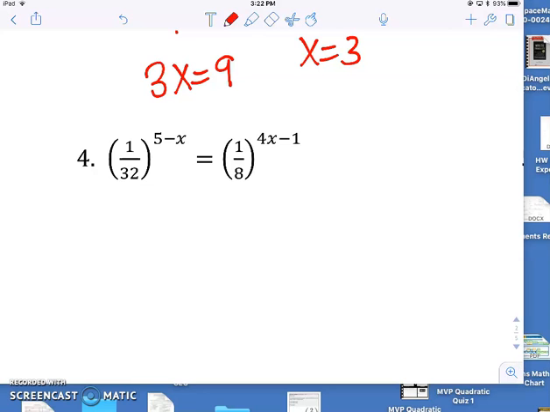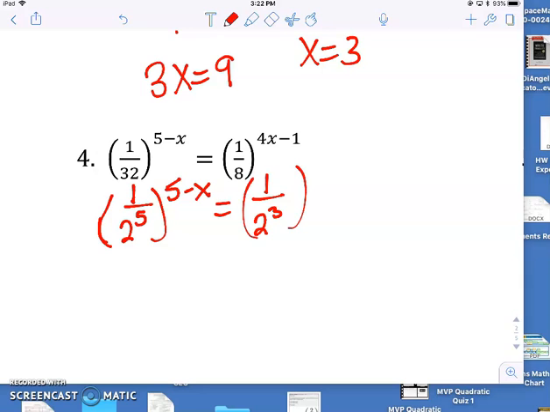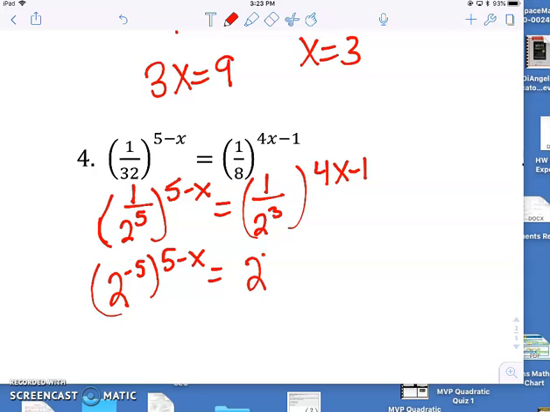So our next one here, what are these both powers of? Well, 2. So this is 2 to the 5th. To the 5 minus x equals 1/2 cubed to the 4x minus 1. So use our negative exponents, so 2 to the negative 5 to the 5 minus x equals 2 to the negative 3 to the 4x minus 1.